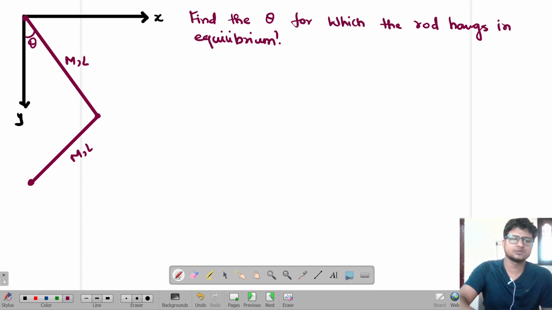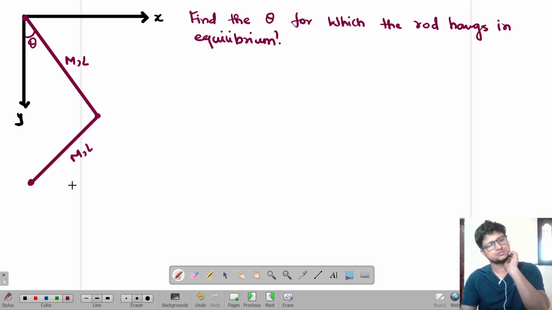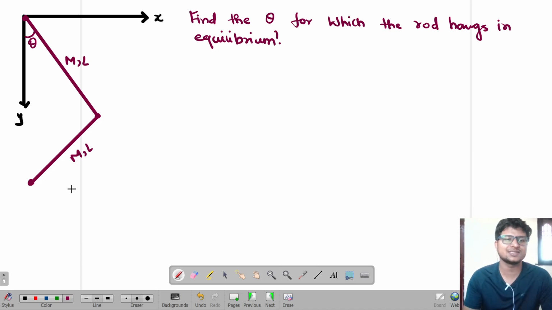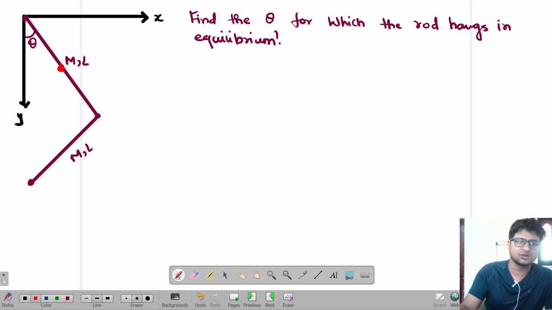So remember, now this question is like, you will say, sir, what to do, what not to do. You see, the center of mass of this rod is over here, and the center of mass of this rod is over here. Are you able to get me or not?